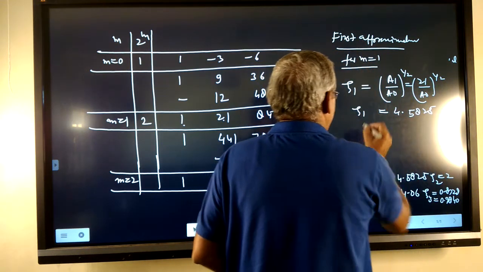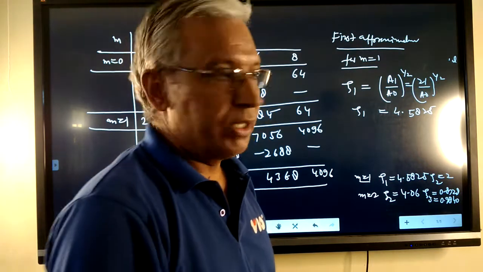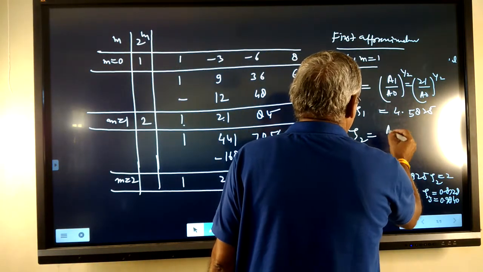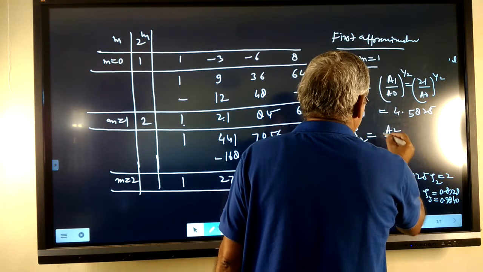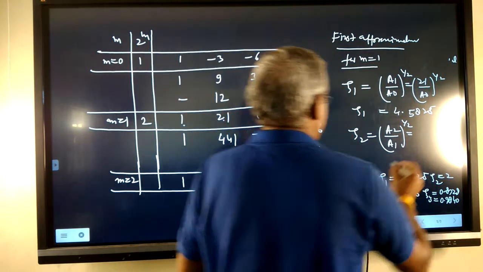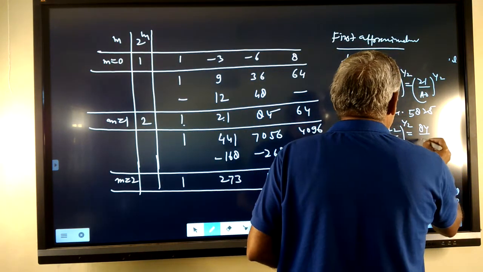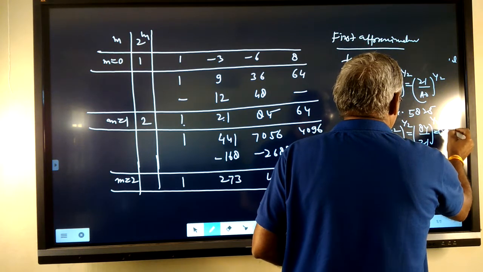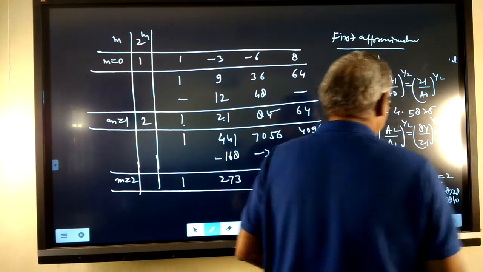This is the absolute value of xi1. xi2 is A2 upon A1 to the power 1 by 2, where A2 is 84 and A1 is 21, so this is 4 to the power 1 by 2, which is 2.